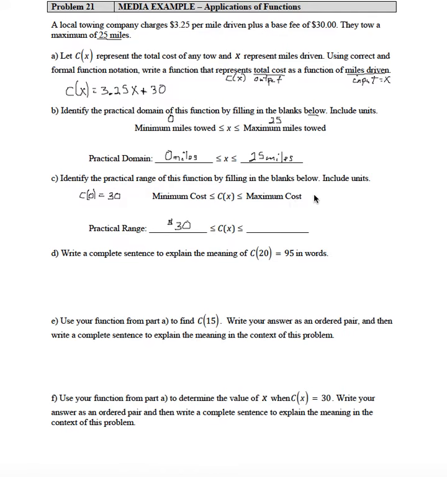The maximum cost is going to be the cost at 25 miles, which is 25 times 3.25 plus 30 equals 111.25.